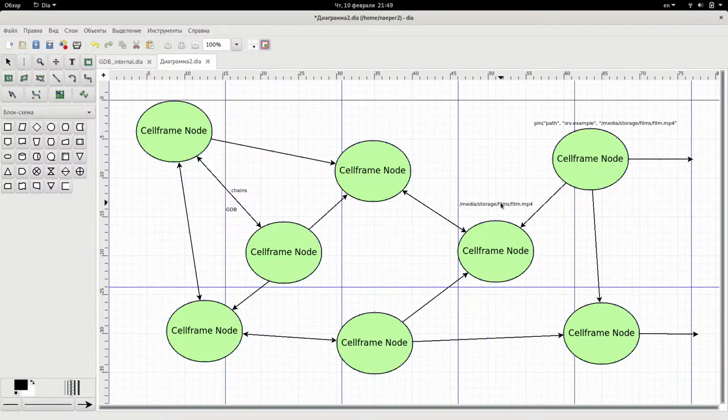That's how your pinned data is spreading over all the network.